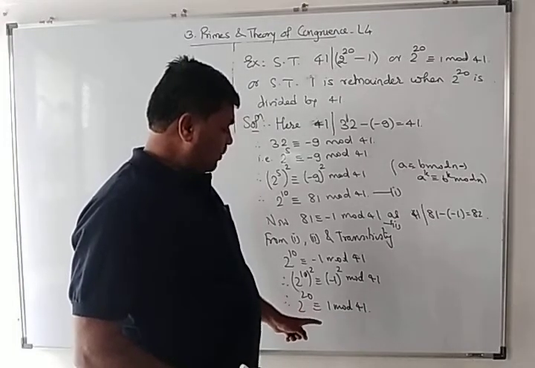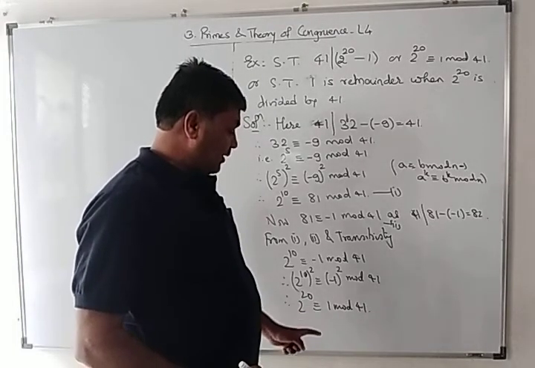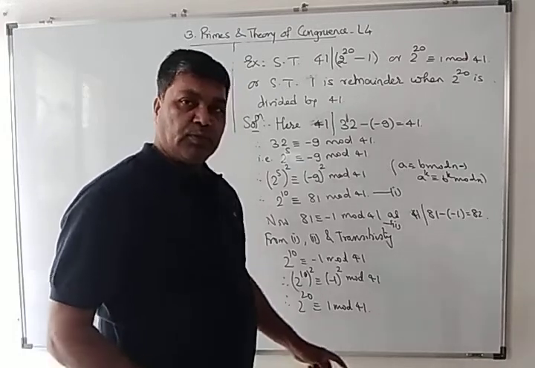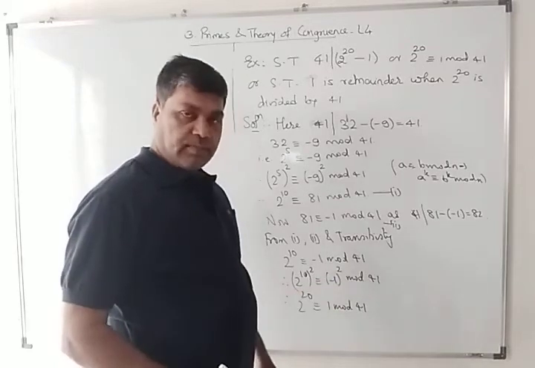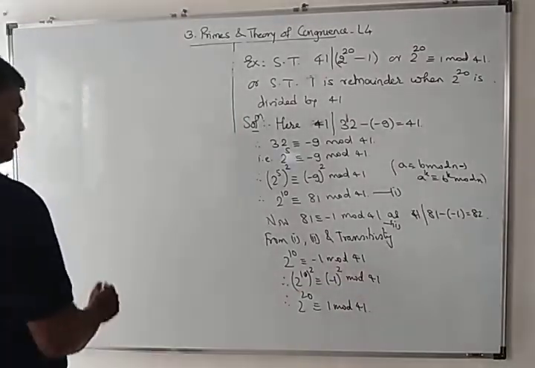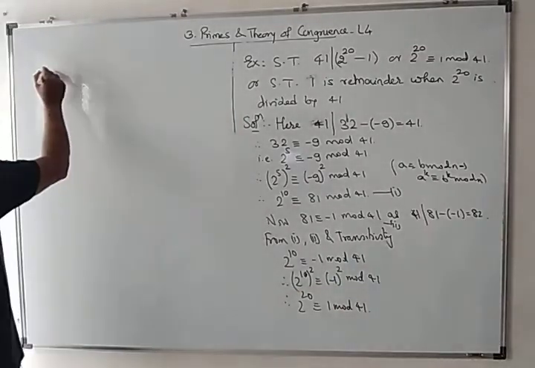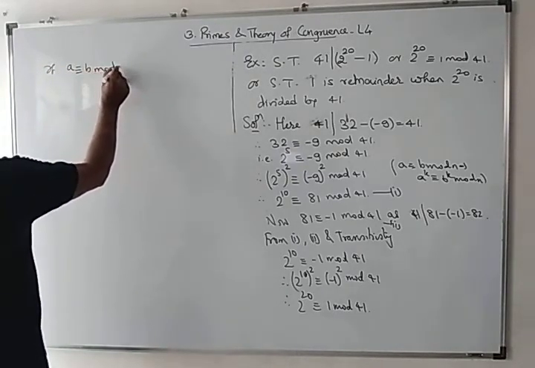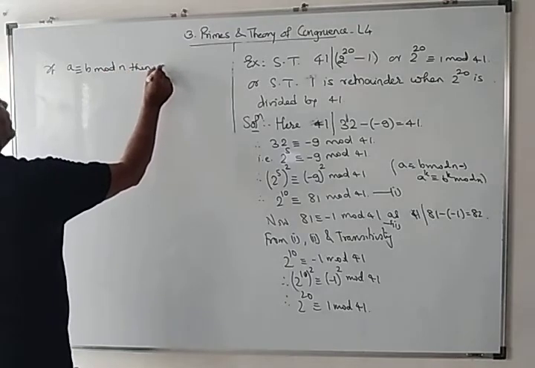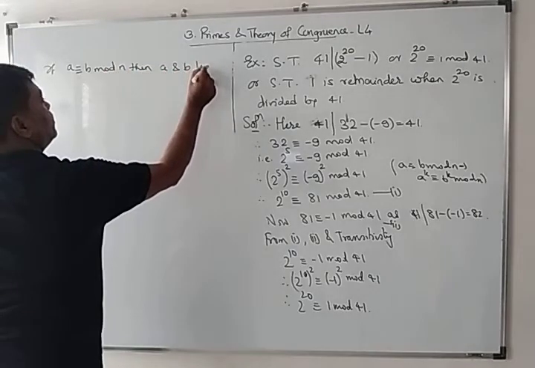Now we have one property. If A is congruent to B mod n, then A and B leave the same remainder when divided by n.